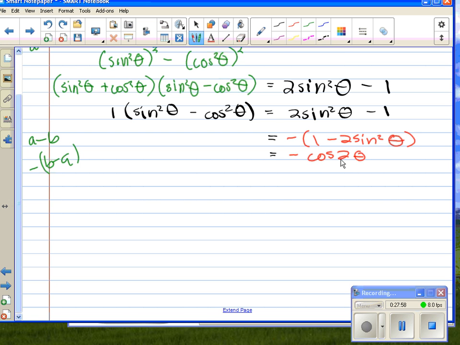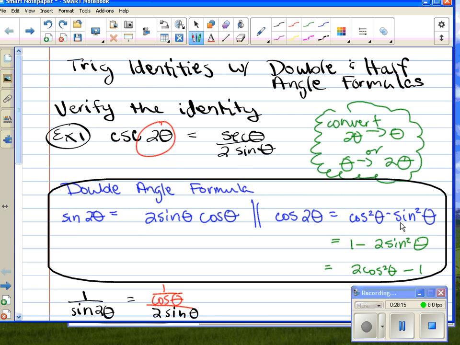Once you break it down to cosine 2 theta, that's now over here. Ooh, sine squared minus cosine squared, that looks familiar too. It's almost the rule for cosine 2 theta.